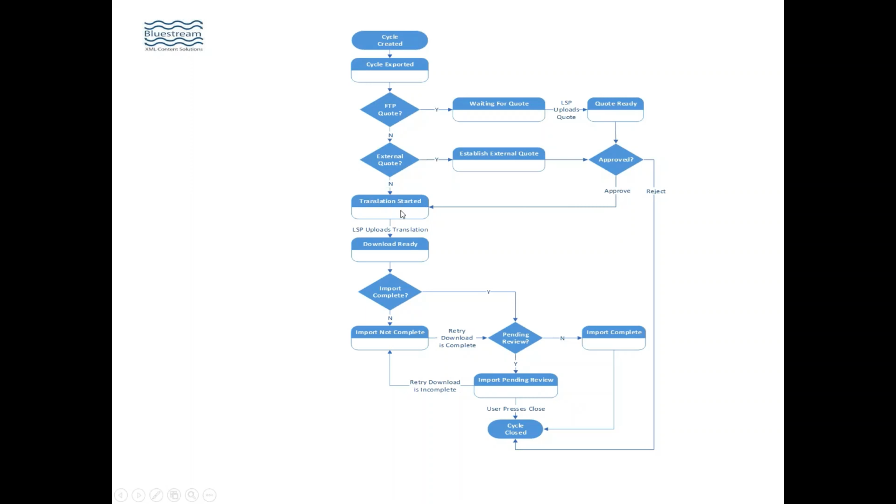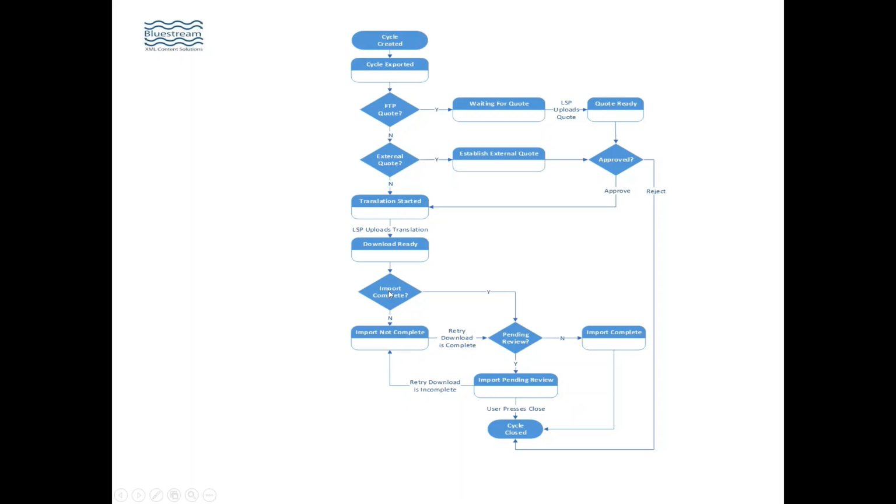If they approve it, the translation is marked as started. At that point, the CCMS is waiting again. Eventually the LSP uploads the translation, and the CCMS takes over, imports it, and checks the content to see if it's complete.